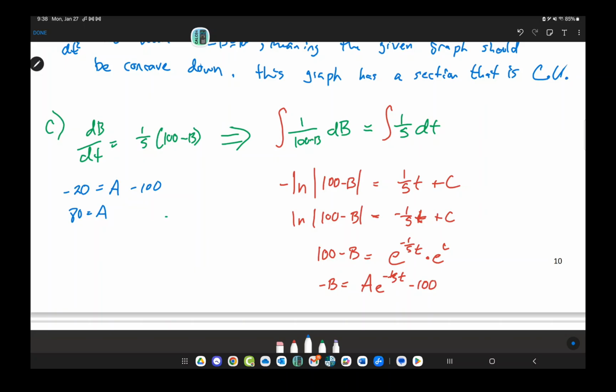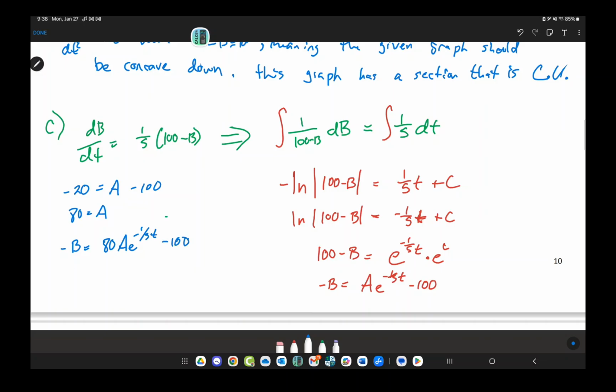So b is 20 when t is 0, and when t is 0 that just gives me e to the 0, which is just 1. So a times 1 is a. So negative 20 equals a minus 100. Add 100 over, a equals 80. So we do know that negative b equals 80 e to the negative 1/5 t minus 100.